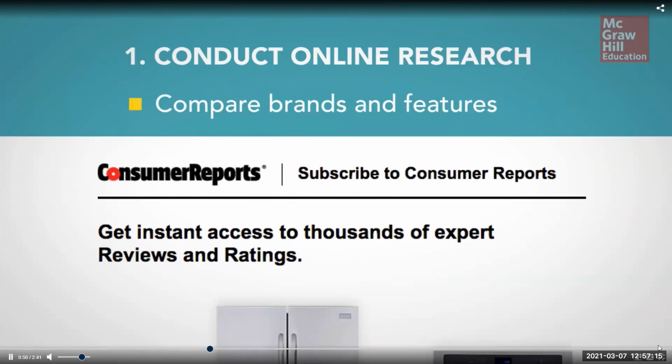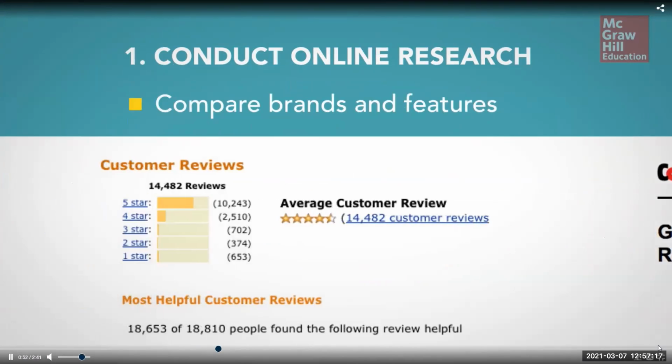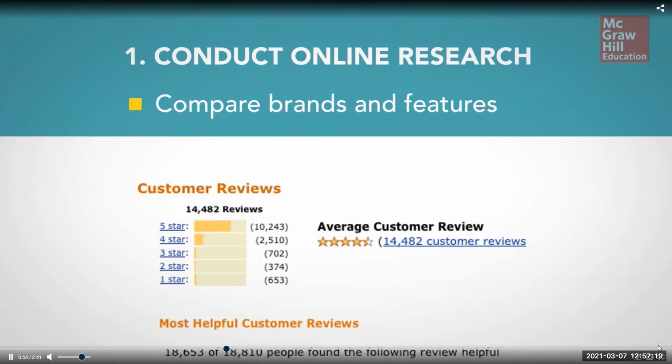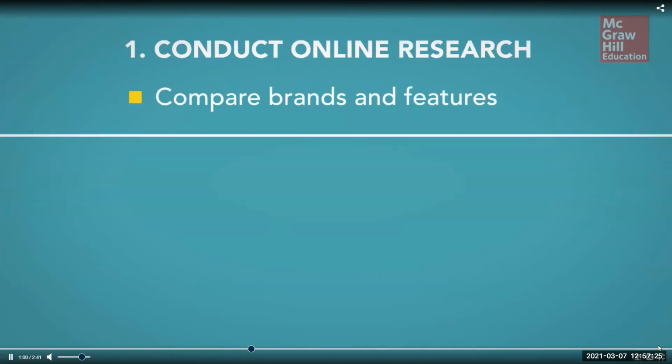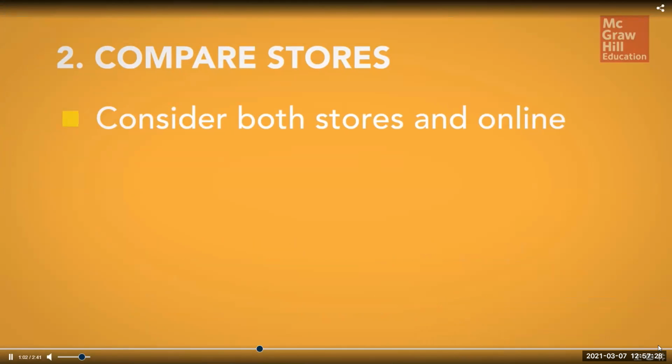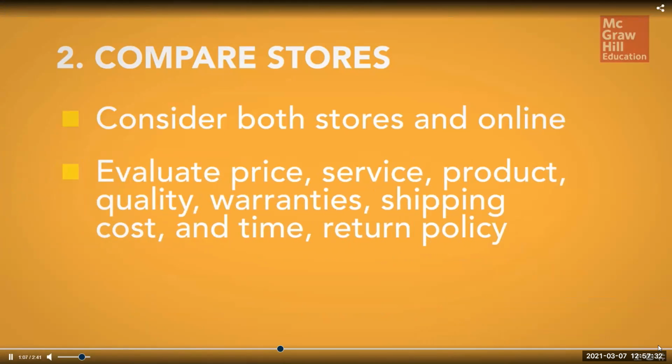Many of the product websites will offer reviews. You should look at more than one location for reviews of the product or service to make sure that you're getting an impartial review. In Step 2, you should compare both brick and mortar stores and online merchants in order to evaluate price, service, product quality, warranties, shipping costs, time, and return policies.